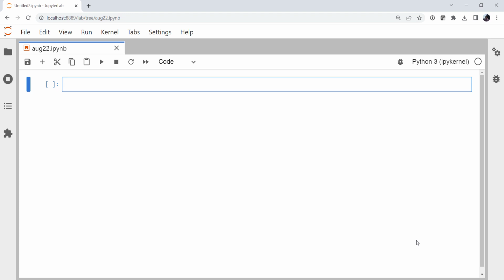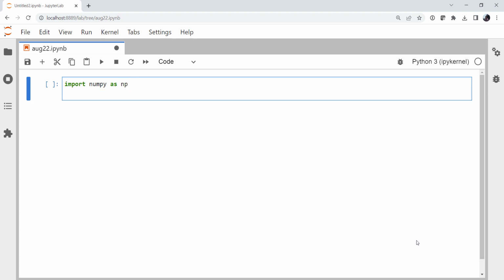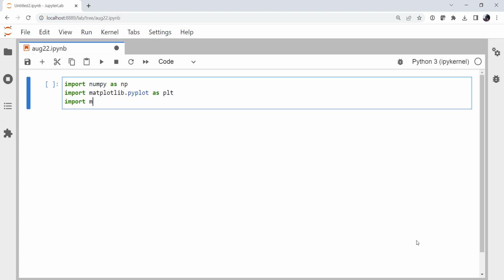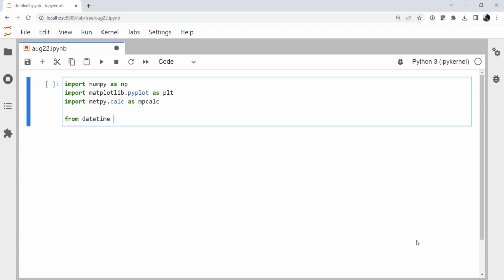But first, of course, we need imports. Import NumPy as np, because we're programmers that don't like to type long things. Matplotlib.pyplot as plt. MetPy.calc as mpcalc. From datetime, I'm going to import the datetime object.